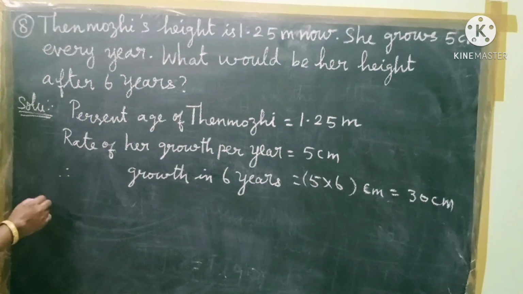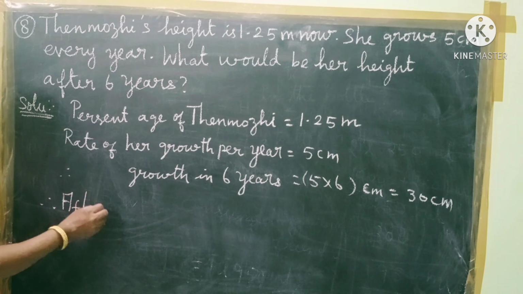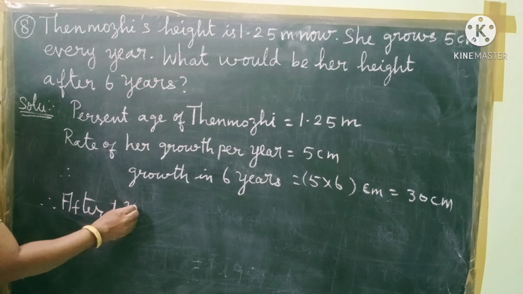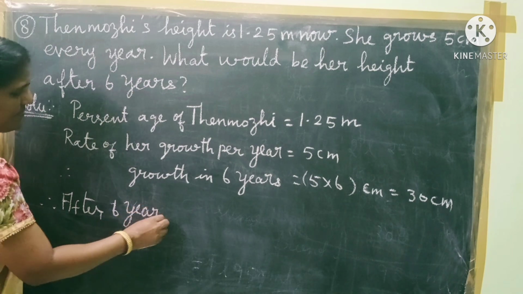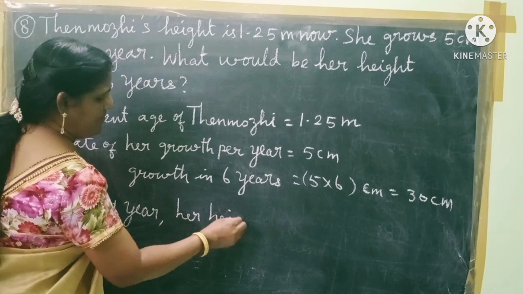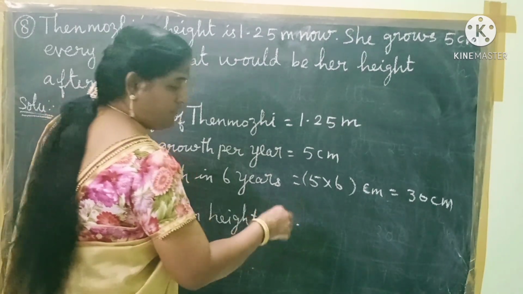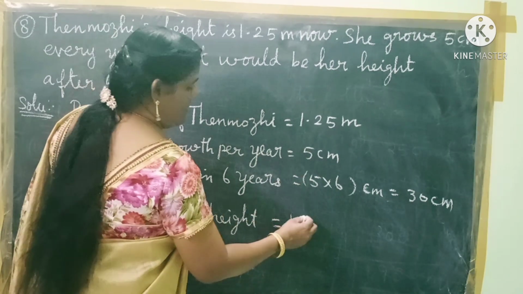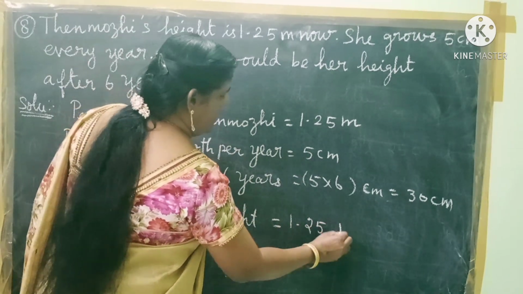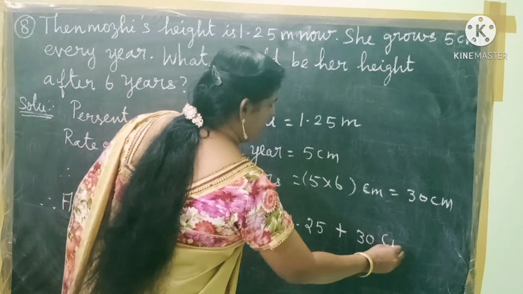So therefore after 6 years, her height is how much? Already at present what is her height? 1.25 plus 30 centimeter.